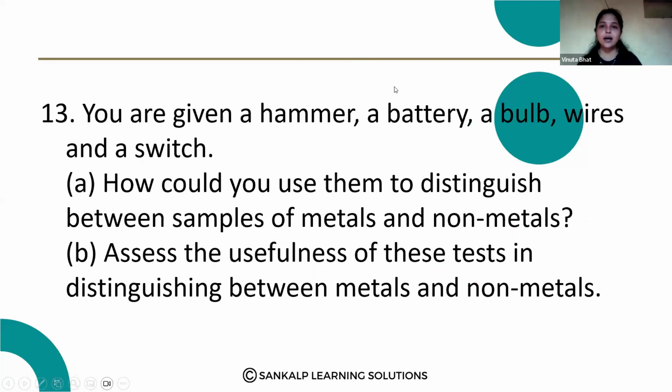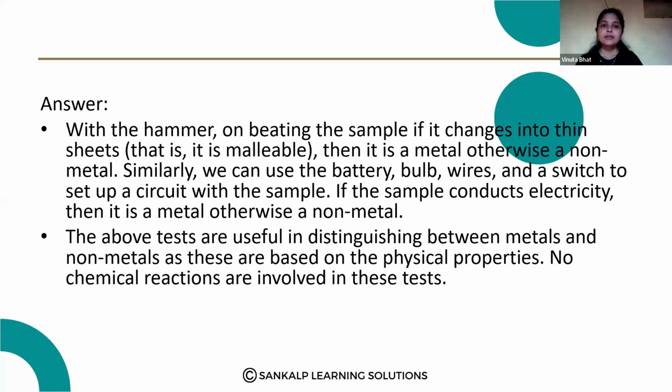Next question. You are given a hammer, a battery, a bulb, wires and a switch. How do you use them to distinguish between samples of metals and non-metals? Assess the usefulness of the test in distinguishing between metals and non-metals. Here, on beating the sample with the hammer, if it changes into thin sheets, that is malleable, and then it is a metal.